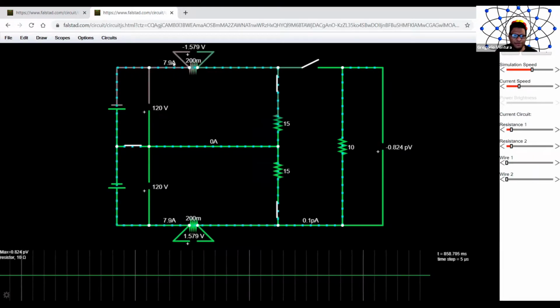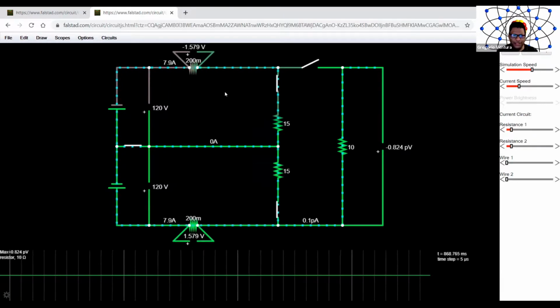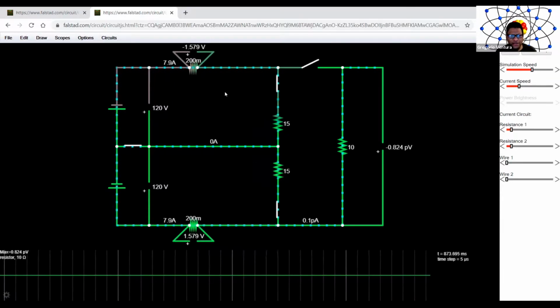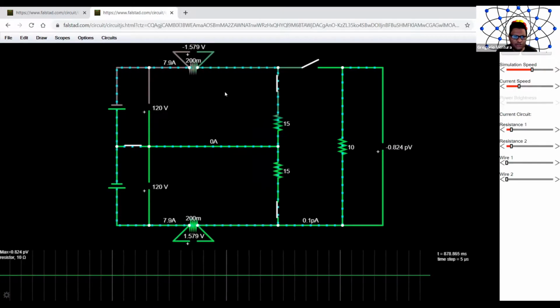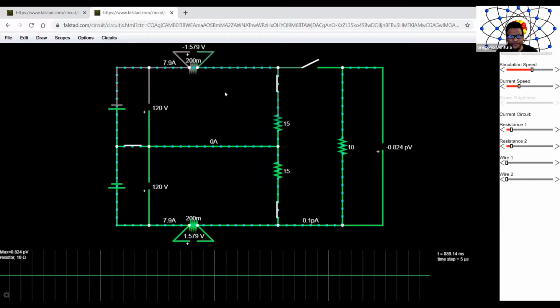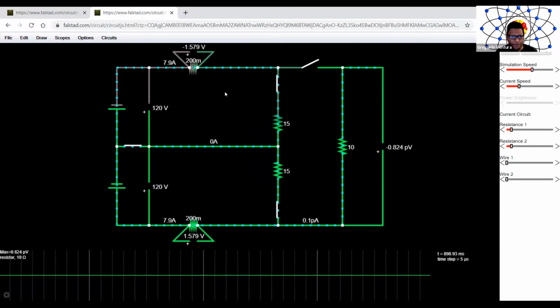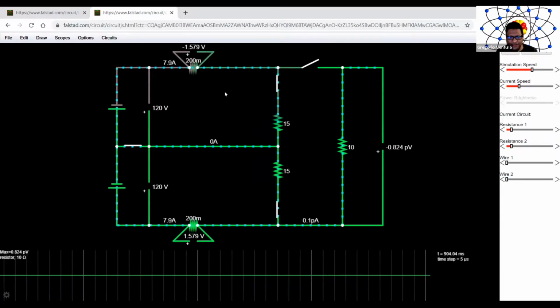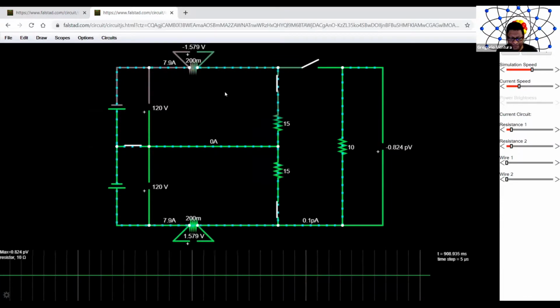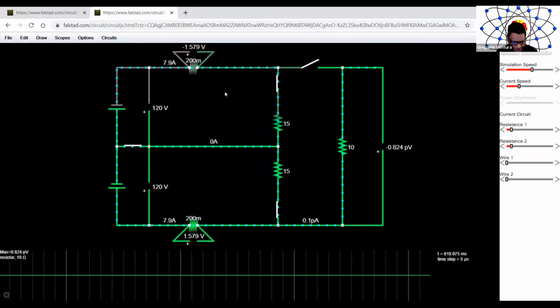And this is going to be the introduction into voltage drop. We are going to do a little calculation here with this simulation, and then we are going to cover all those things like circular mills. And also, we are going to calculate voltage drop using the formula that I'm going to give you this morning.